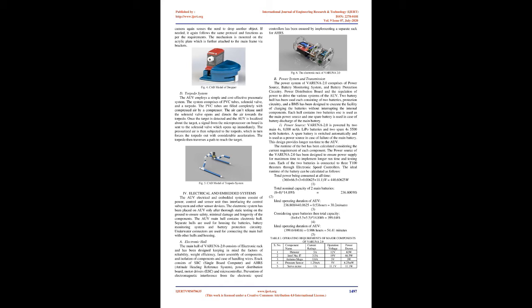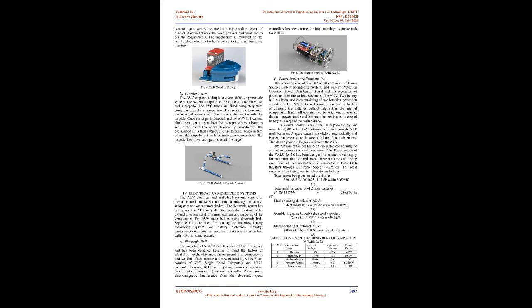As soon as it coincides, the object drops and the plate returns to the mean position. After the first drop, the camera again senses the need to drop another object. If needed, it again follows the same protocol and functions as per the requirements. The mechanism is mounted on the acrylic plate which is further attached to the main frame via brackets.